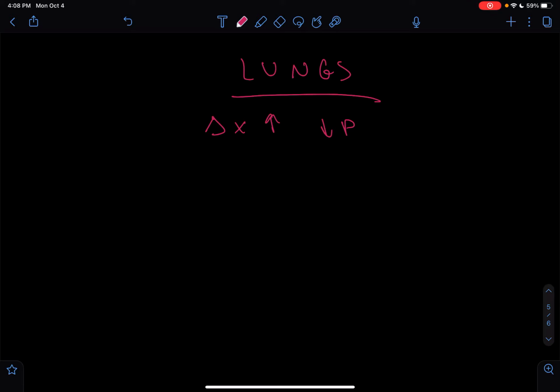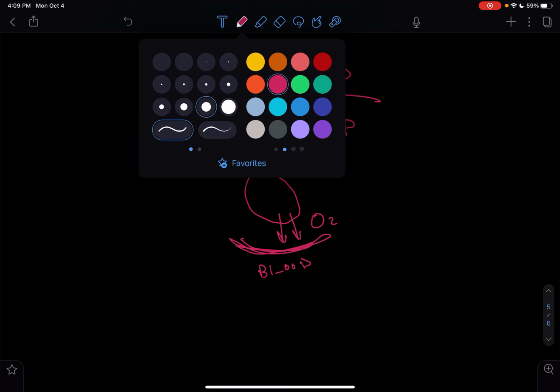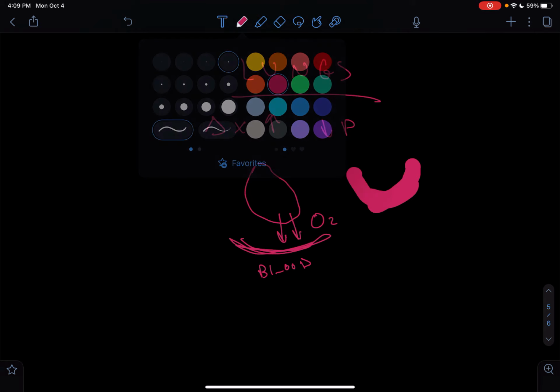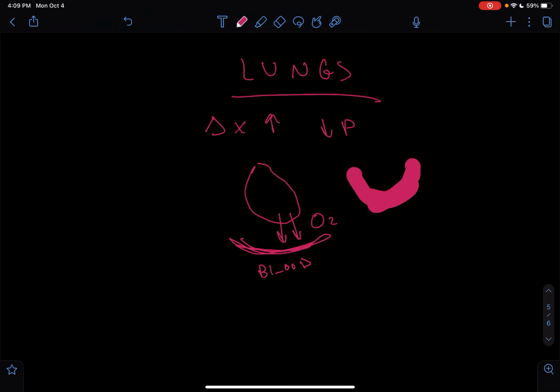So if I have my alveoli, right, that little air sac, it's supposed to have some type of diffusion of the O2, right? The O2 is supposed to be released and then goes into the blood, right? What happens is that if I have a thicker membrane, if my membrane instead is like this, my problem will be that I'll have a lower O2 diffusion, right?